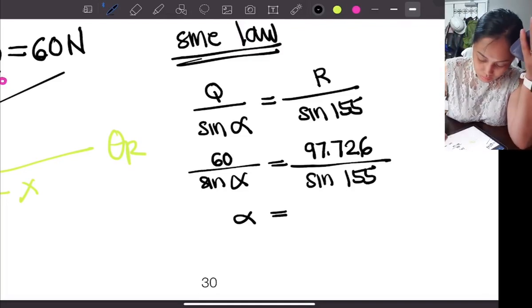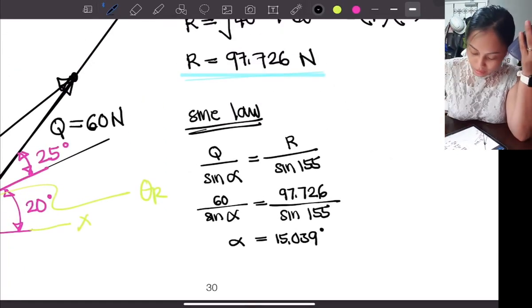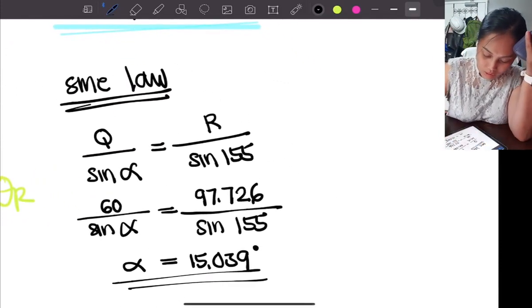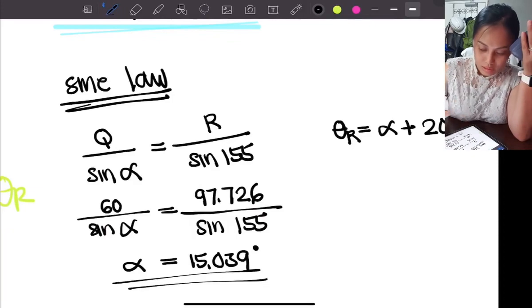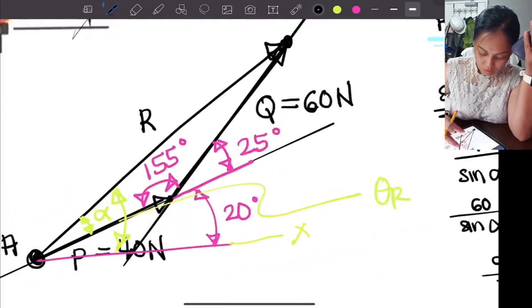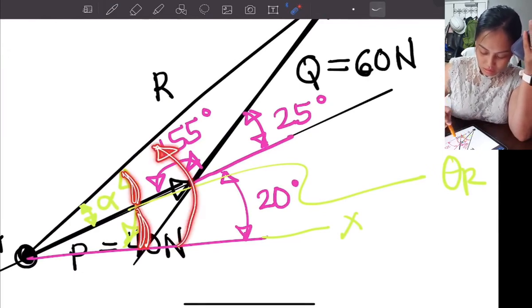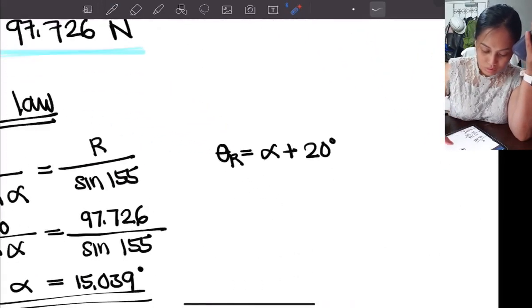So alpha is 15.039 degrees. The direction of the resultant force is alpha plus 20 degrees. From the figure, alpha plus 20 is theta R, the direction of the resultant force.